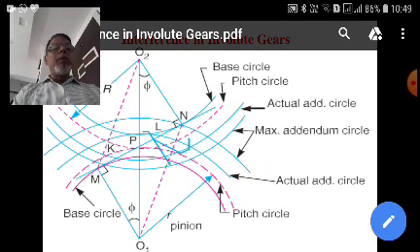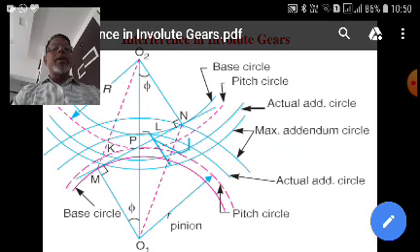Now if you go beyond that, then your contact point will move inside the base circle, right? So that means this O1N is the limiting addendum circle radius.